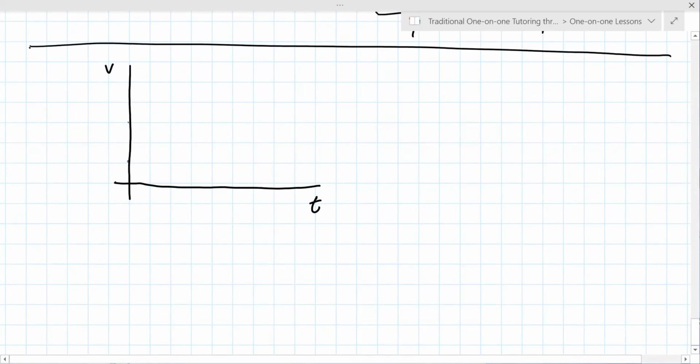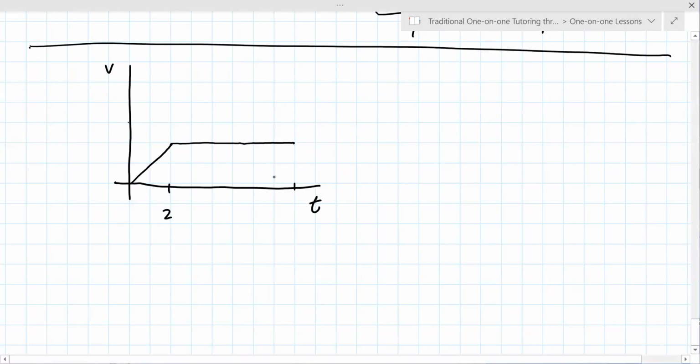What's realistic is you start out and you speed up, and then you maintain that speed and get to the finish line, something like that. We're not even going to assign values to this.